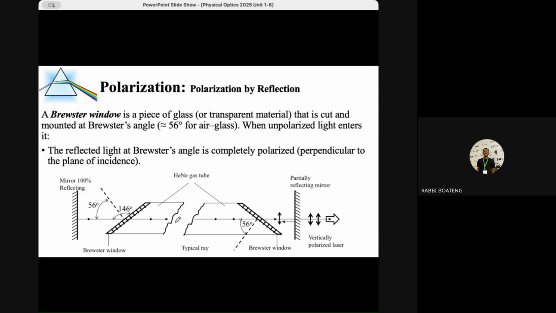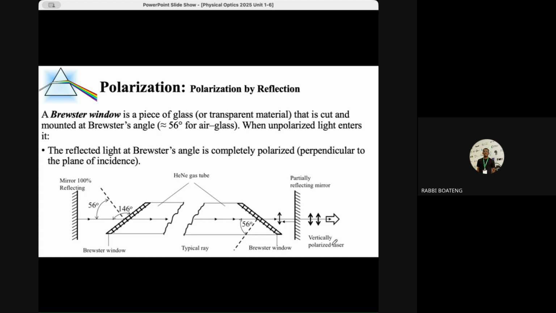Now, during the movement through the Brewster window, that is where the polarization happens. If we have a light here, it's calculated in such a way that anytime it's coming back here, we have a partial polarization happening at the first Brewster window, and another final polarization happening in the second Brewster window before we get our vertically polarized laser coming out.